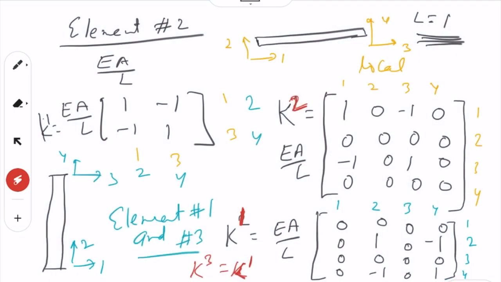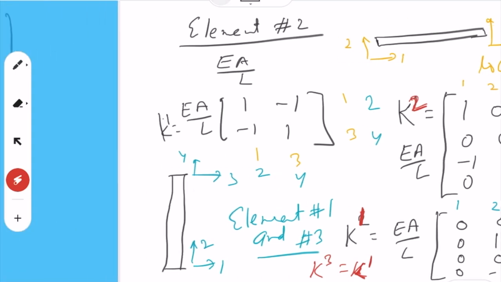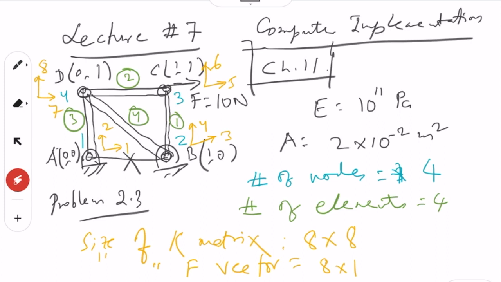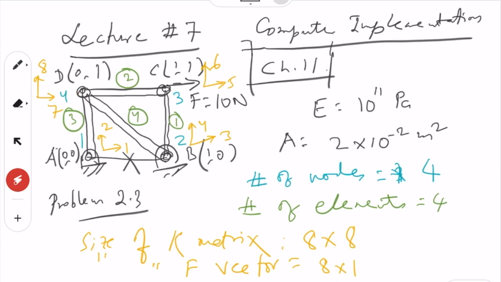We can see the global number, and based on that we can do it. So we have the global numbering system: 1 here, 2 here, 3 here, 4 here, 5, 6, 7, 8. So we have an 8 by 8 matrix and we are going to assemble them.